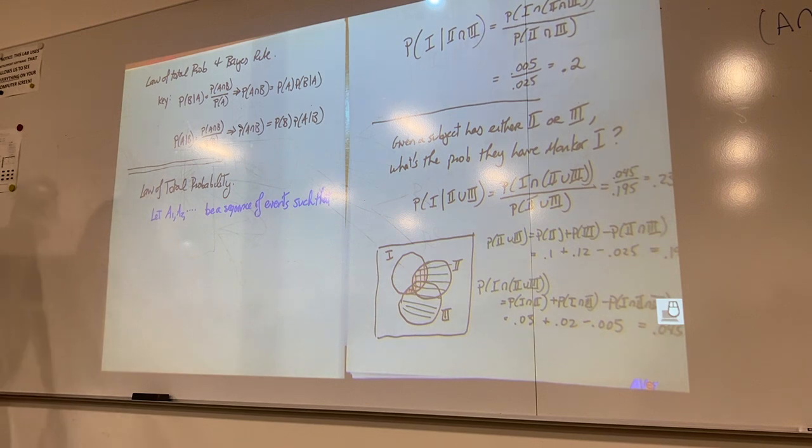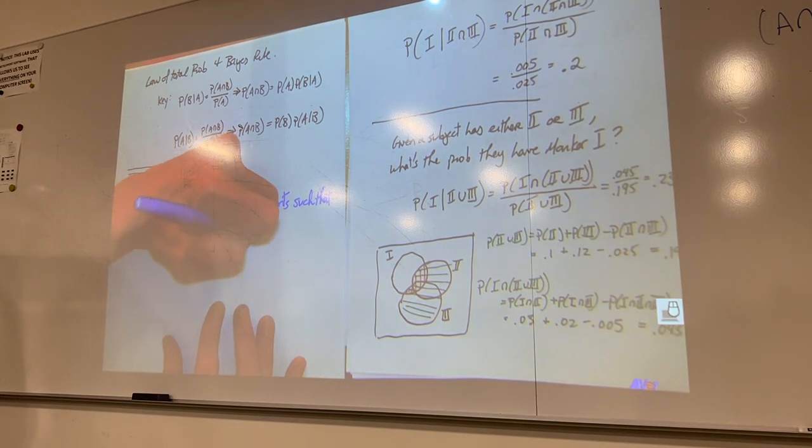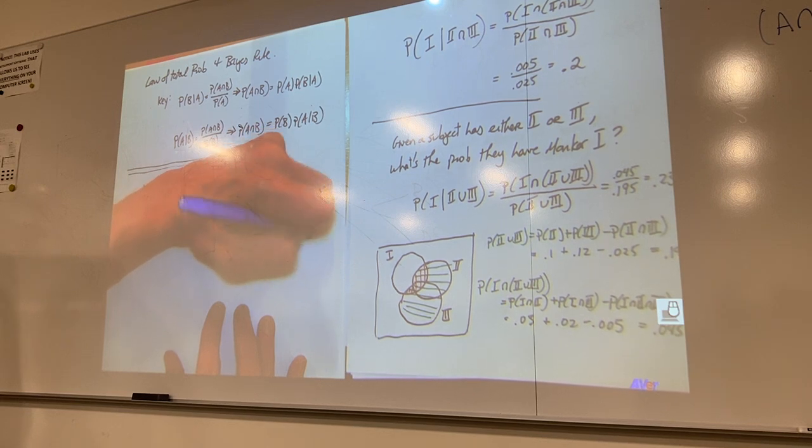Be a sequence of events such that, one, they're pairwise disjoint, i.e., Ai intersect Aj is the empty set for all i and j as long as i is not equal to j.